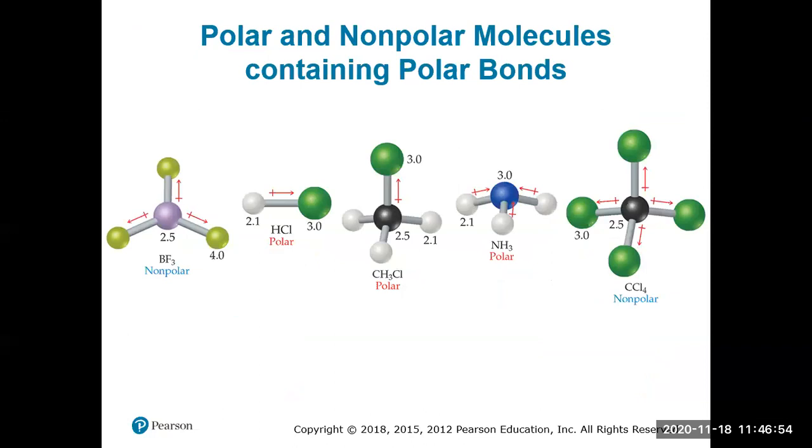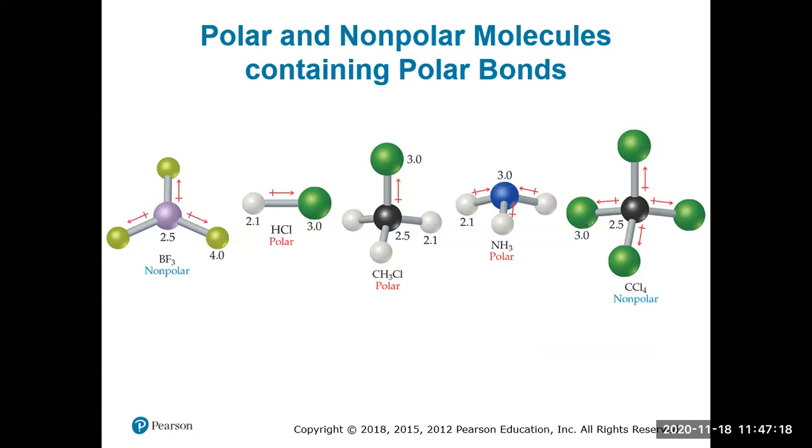Here are some more examples of compounds that have polar bonds, and sometimes you wind up with a non-polar molecule, and sometimes it remains a polar molecule. So let's just take a look at this for a moment. In the first one, BF3, we have boron as the central atom, and then we have 3 fluorine atoms attached.